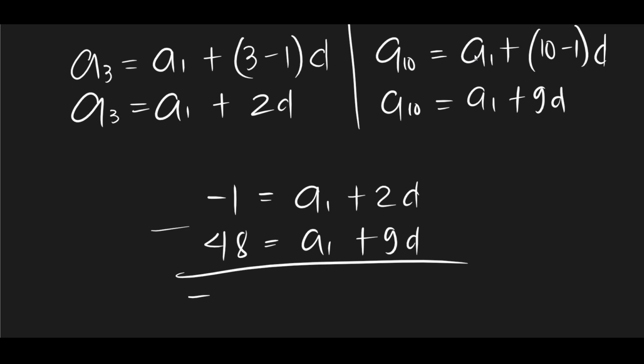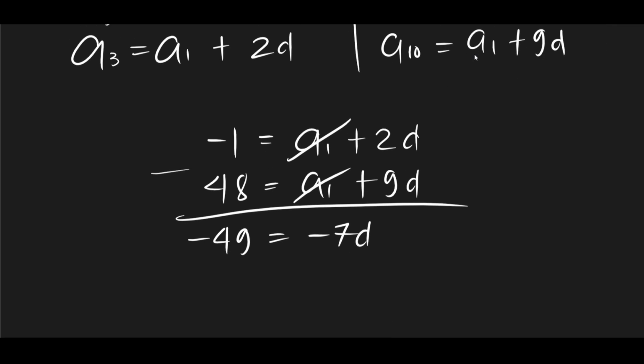What will we get? -49 is equal to, so a1 and a1 here will cancel out, then we will get 2d minus 9d, that will be -7d. Okay, so if we find d, d is equal to 49 divided by 7, that would be 7.